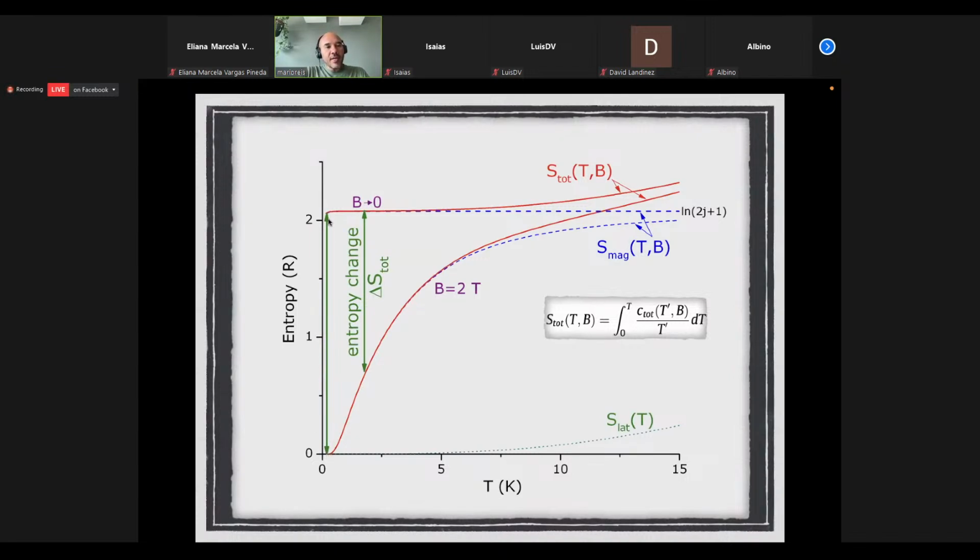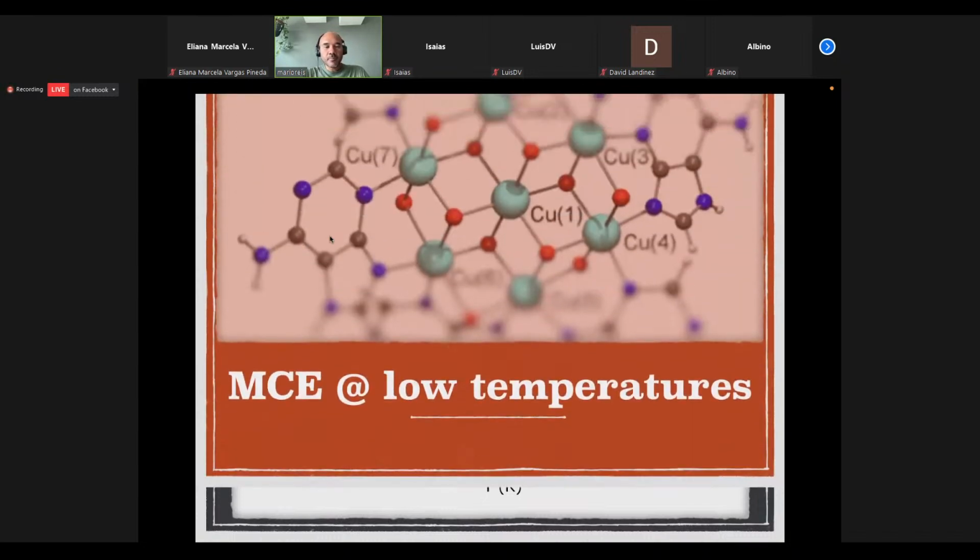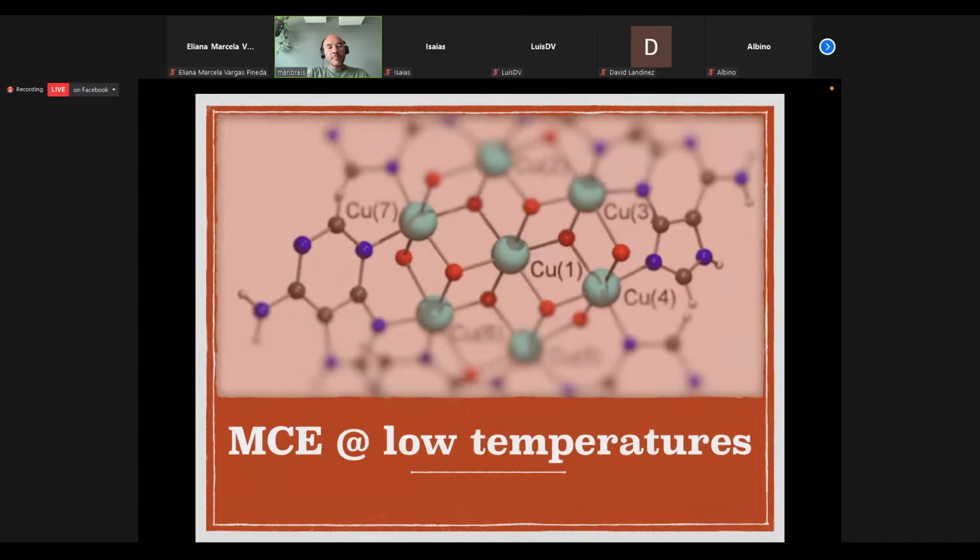This length here, for a certain region of temperature, is already the maximum available for the material. It is already logarithm of 2S plus 1. Okay? So, based on this, I can move to the next part of the talk and discuss the magnetocaloric effects at low temperatures for these materials.